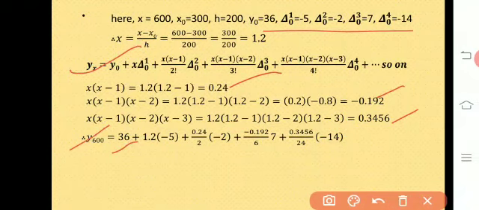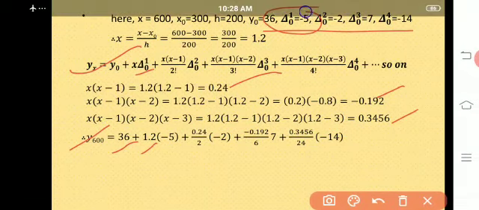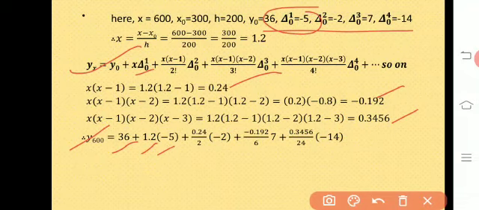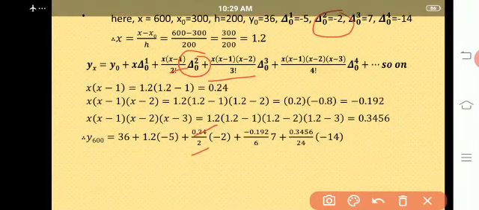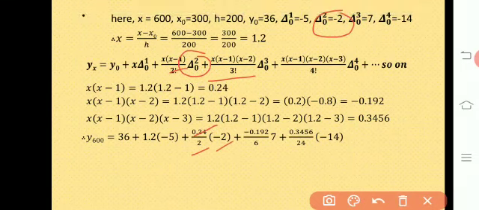y0 is 36 plus x is 1.2 into delta 0 raised to 1, and delta 0 raised to 1 is minus 5. So 1.2 into minus 5, plus x into (x minus 1), which is 0.24, divided by 2 factorial. 2 factorial is 2, into delta 0 squared, and delta 0 squared is minus 2, into minus 2.